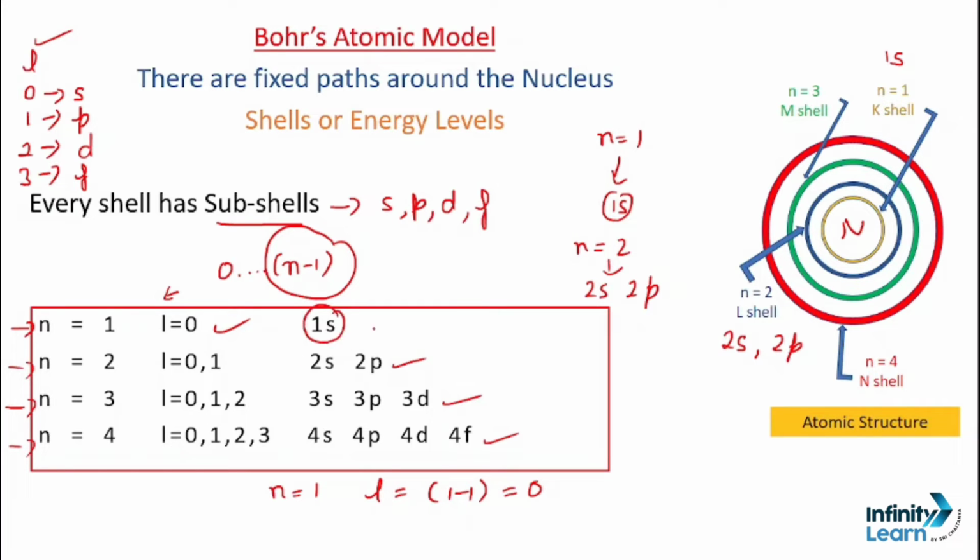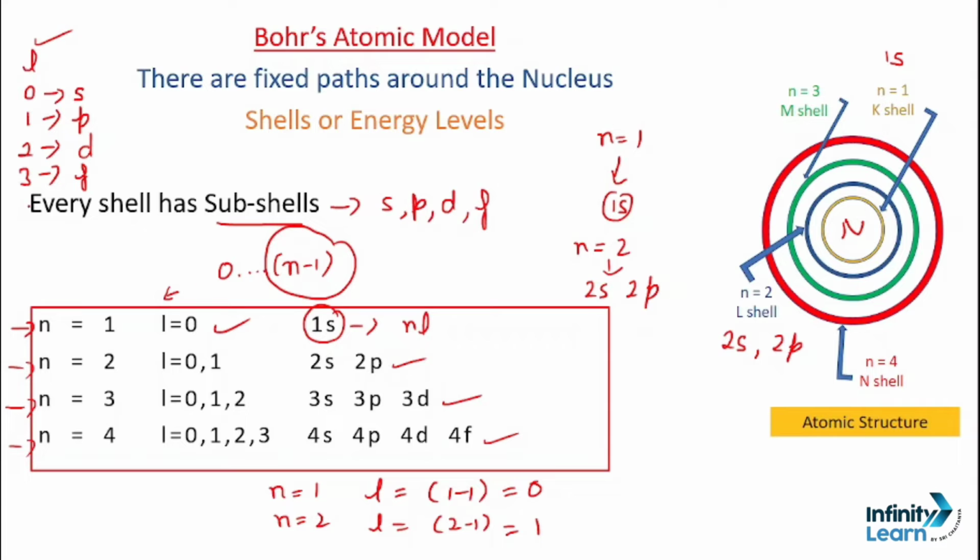To write this subshell, we can use the formula nl. Here n means the number of the shell and l is denoted by these values. To write the alphabet in place of this l, you can take help of these values. 0 means s. If we apply this to the second shell, then n equals 2 and l will be 2 minus 1 equals 1.